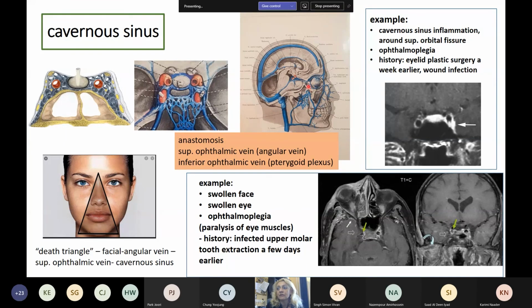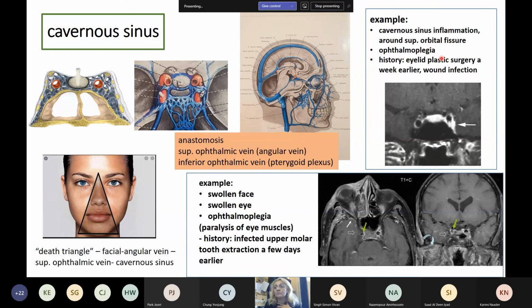And inferior ophthalmic vein has anastomosis with the pterygoid plexus. So actually, especially in this so-called death triangle, if there is an infection, infections can spread through the angular vein, superior ophthalmic vein, cavernous sinus, and then cavernous sinus thrombosis.